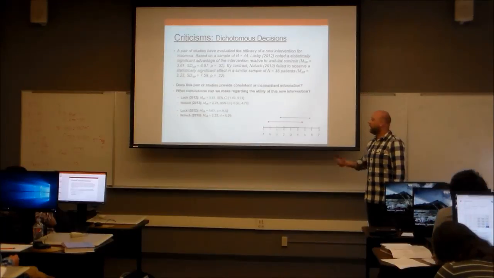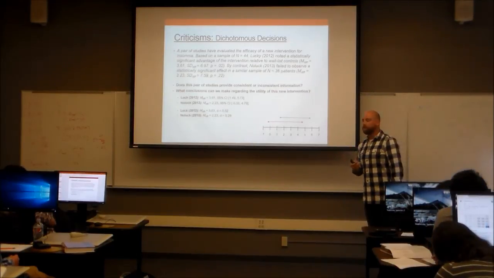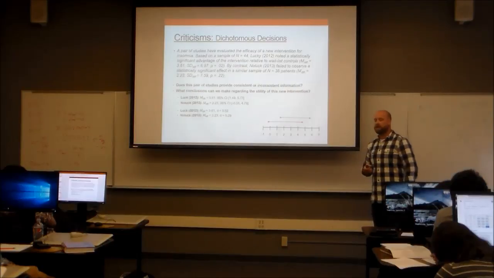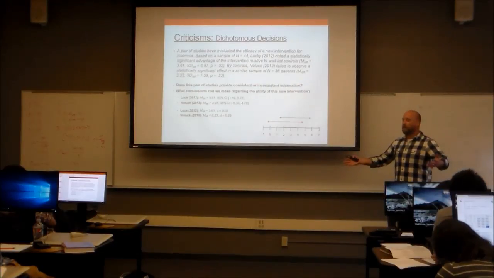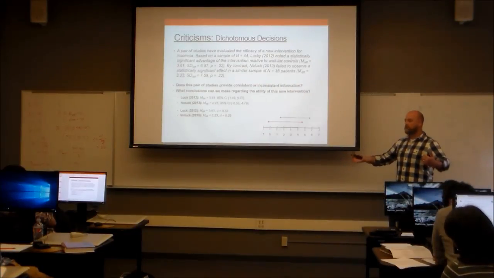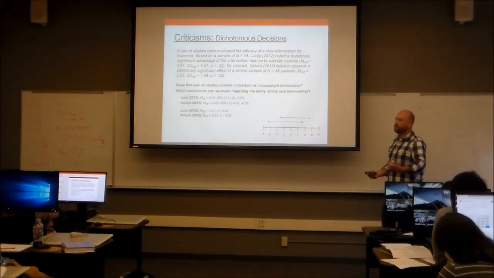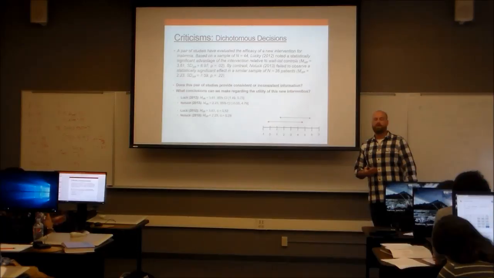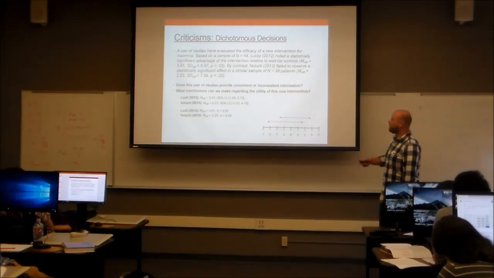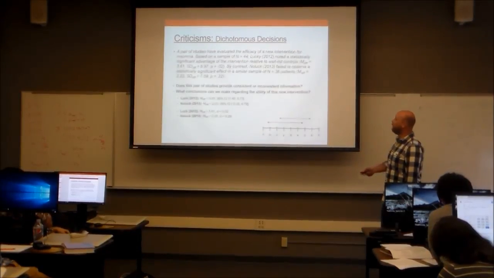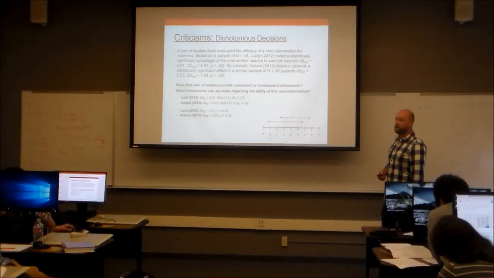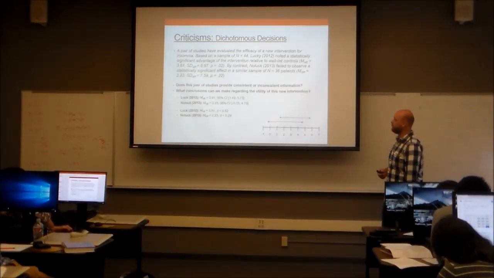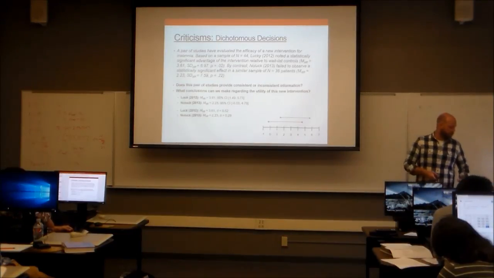But again, based on our dichotomous reject, fail to reject hypotheses, we would say one was successful, one was not. When it looks like one was successful, one was trending in the right direction. Both at least provide, in a reasonable estimation, some evidence for this intervention. Questions, folks?